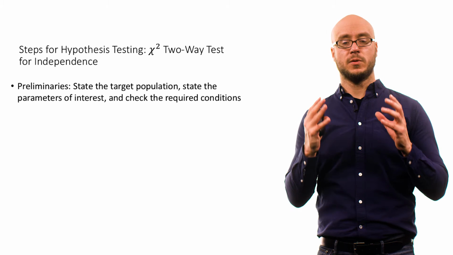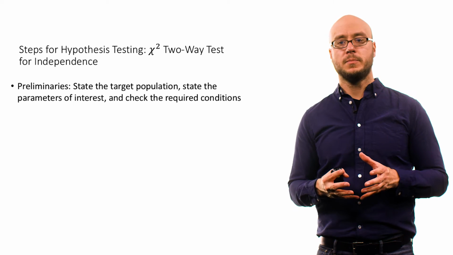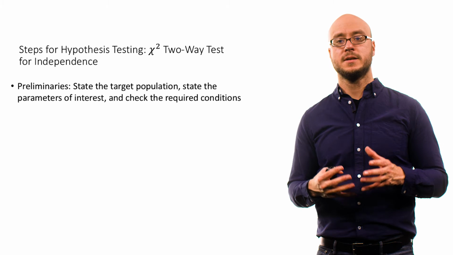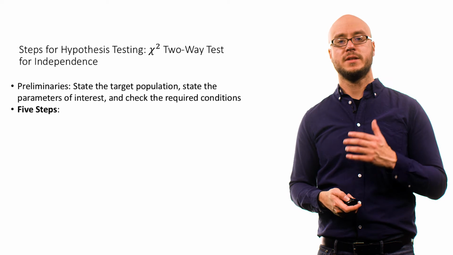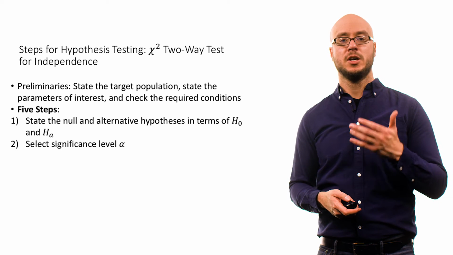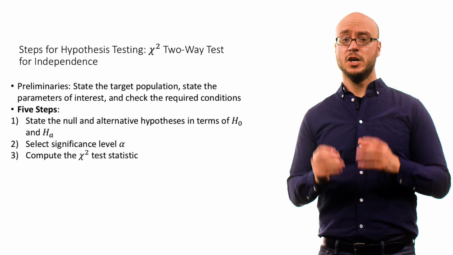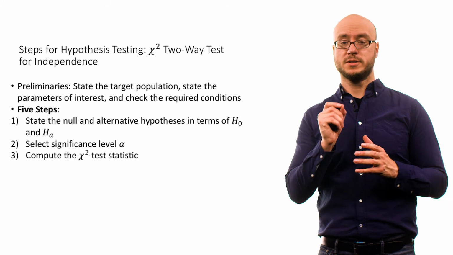So there are a couple steps for conducting this hypothesis test. Preliminaries: you state the target population, the parameters of interest, and you check the required conditions. Then we go through the null and alternative hypotheses. You select the significance level. You compute the chi-square test statistic, which is quite similar to the one-way test, but there are some differences.